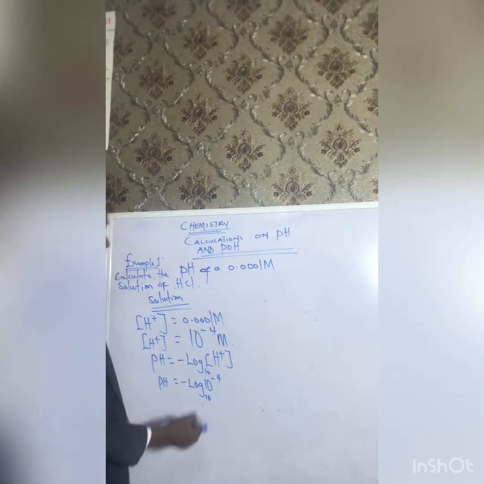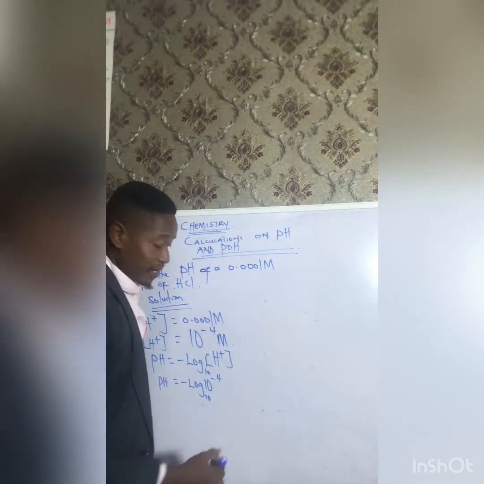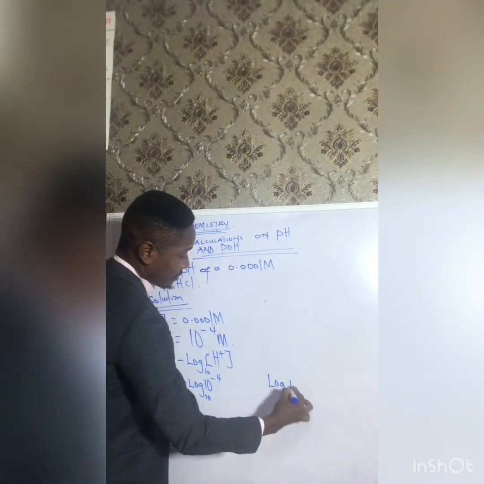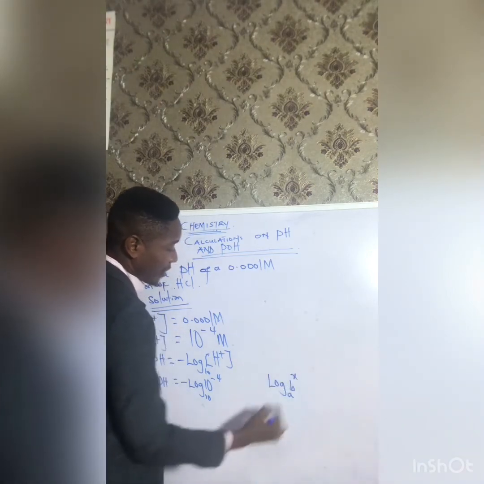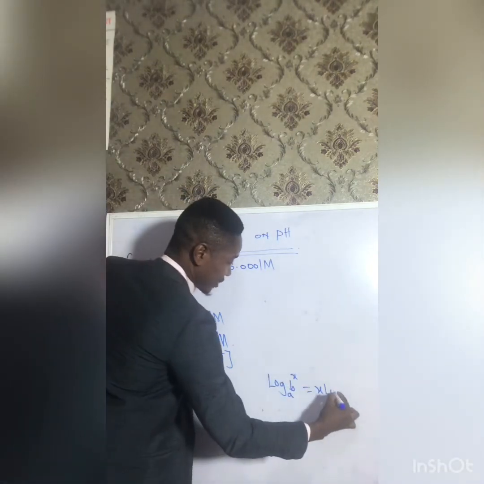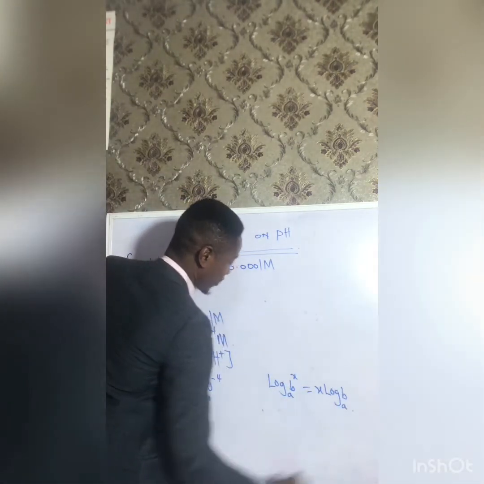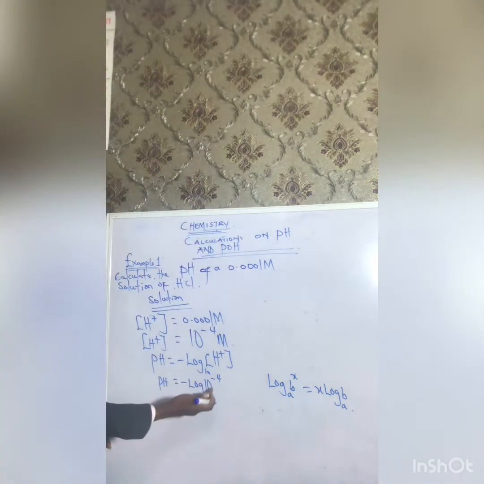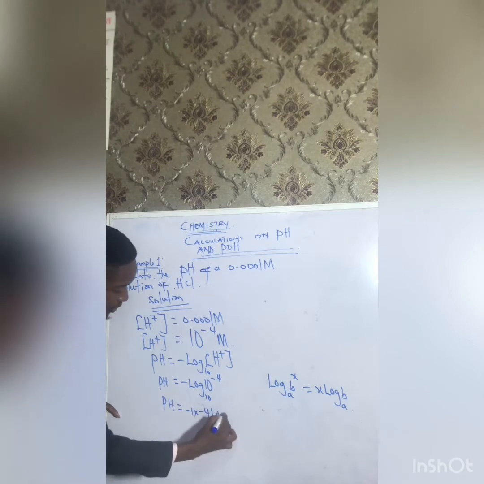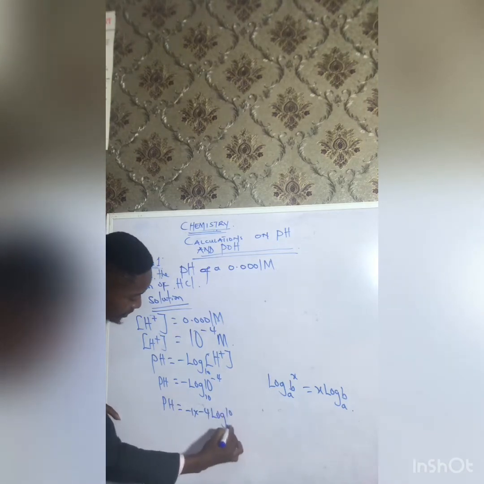Remember, in your mathematics, there is a law that states that when you have log of B to base A raised to the power x, the x will drop down, and you have x log B to the base of A. The same thing is applicable here. This minus 4 will drop down. So my pH is going to be equal to minus 1, which is here already, multiplied by the minus 4 that will come down, then log of 10 base 10.